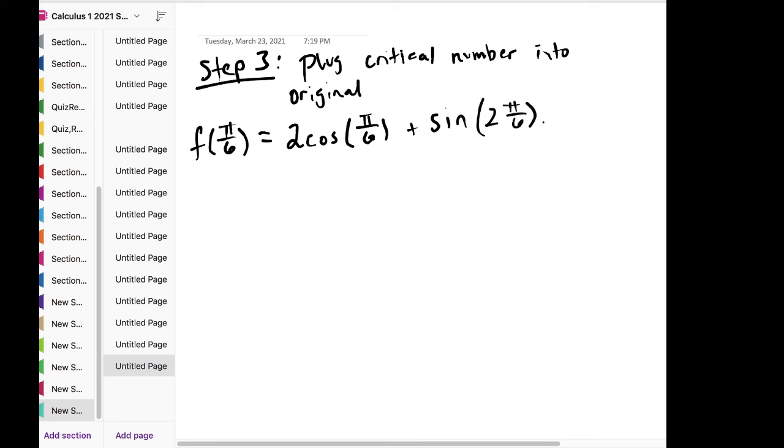Okay, what's cosine of pi over 6? Yep, root 3 over 2. And then what's sine of 2 times pi over 6? Sine of pi over 3?